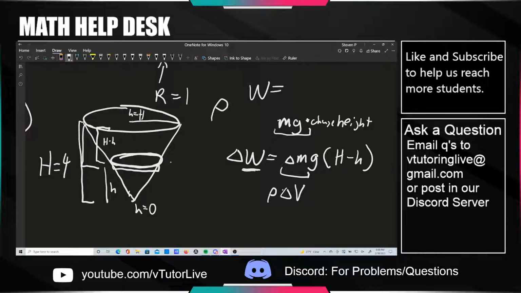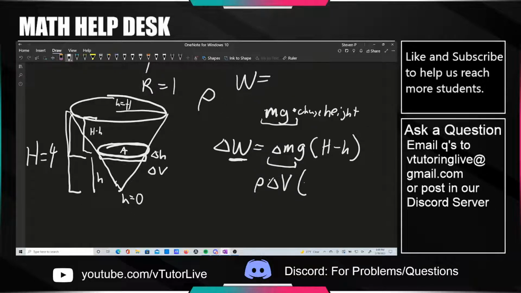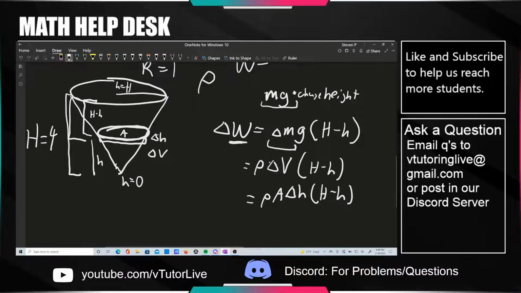Because this thing has some little delta h corresponding, and it's got some area, and overall it's got some delta volume, right? So that's rho delta V times (H minus h), which is equal to rho times area times delta h times (H minus h). So good so far?